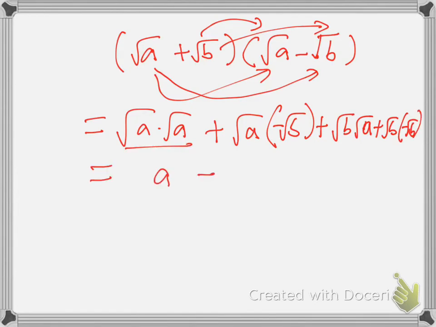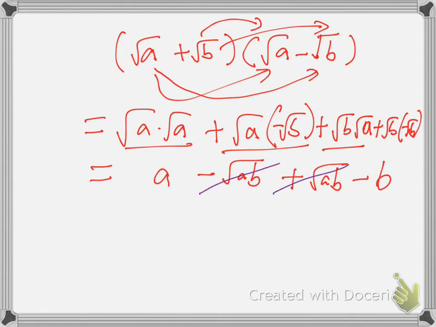This is minus radical AB, the second term. This is radical AB, the third term, and then minus radical B squared, so it's B. The middle two cancel, plus minus radical AB, so it's A minus B.